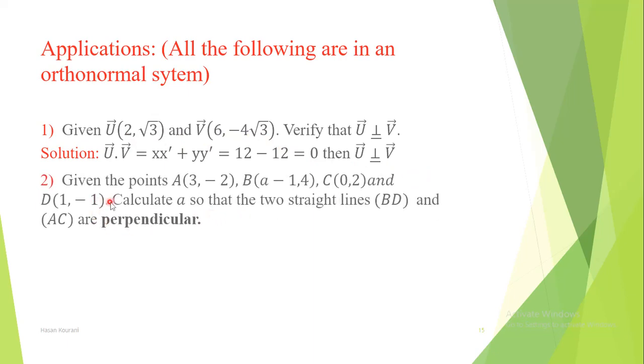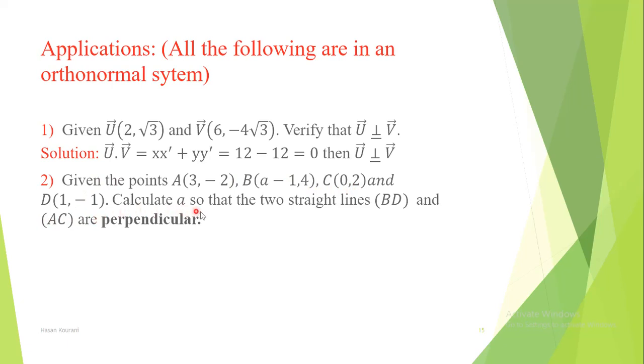Here we have another good application, and it's useful for us in our exercises and our homeworks. Given the points A, B with unknown abscissa a, minus 1, of ordinate 4, and C 0, 2, and D 1, minus 1.